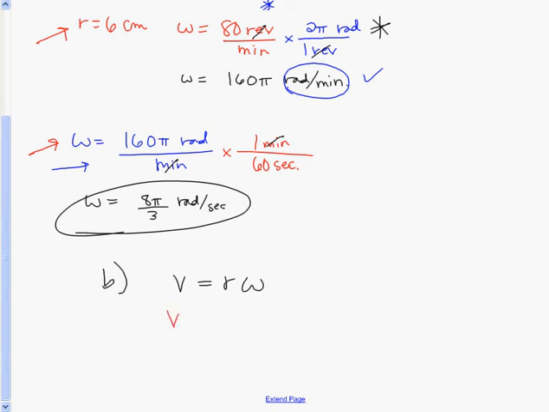Hopefully you will learn to memorize those formulas soon. My radius is 6 centimeters. My angular velocity is 8 pi over 3 radians per second. And remember, we write this radians when we need it, and when we don't, we don't stress about it.